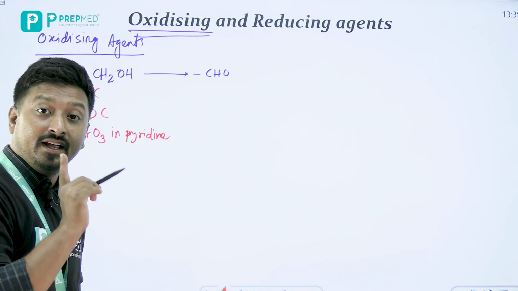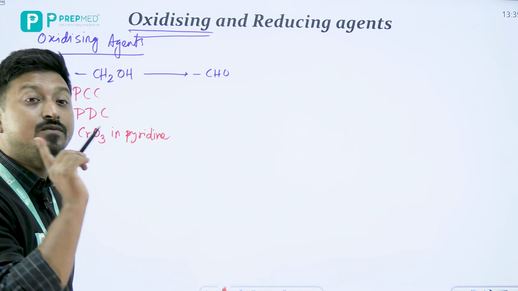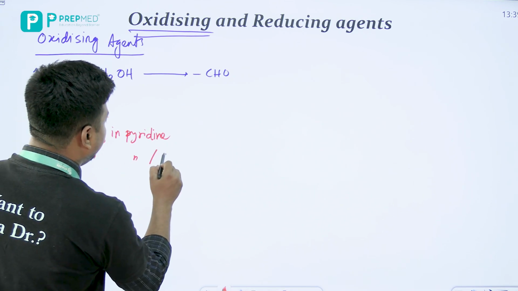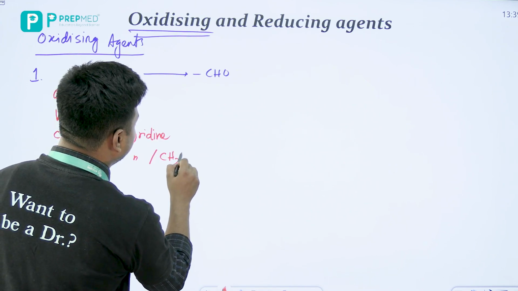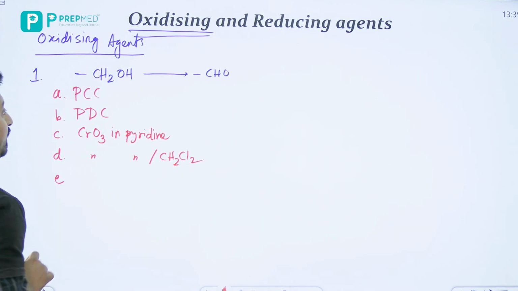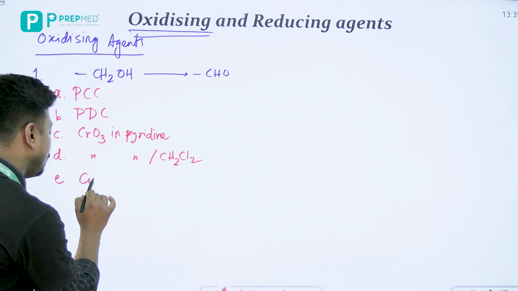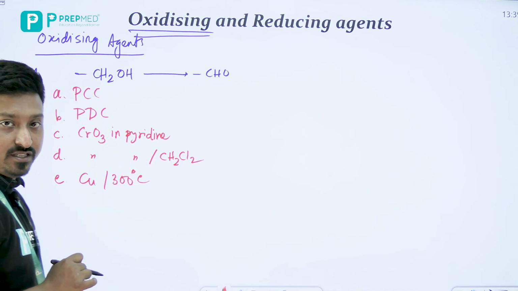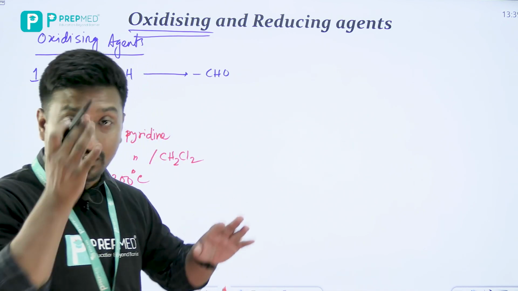Number D, we can use CrO3 in pyridine, provided it is in CH2Cl2, dichloromethane solvent. And lastly, also very important, we use copper at 300 degrees Celsius temperature. Okay, so this is one of the ways to do it.